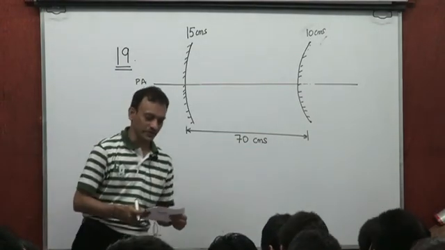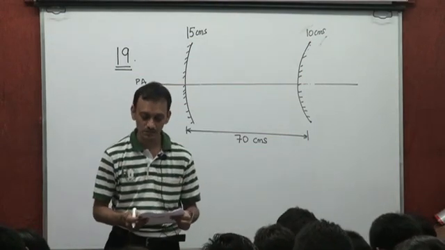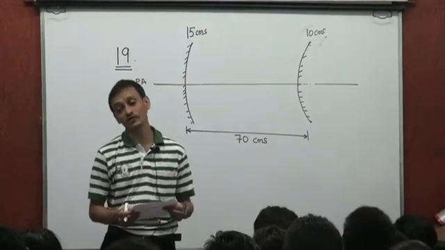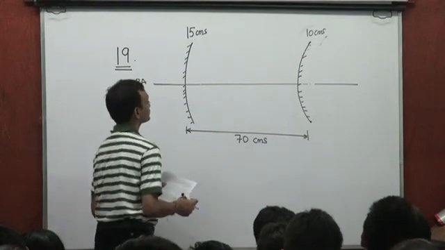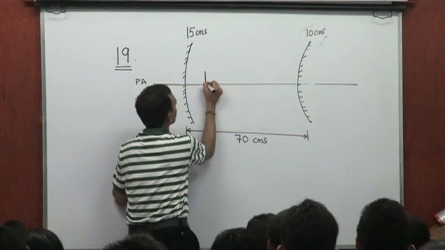A 2 centimeter tall object is placed perpendicular to the common axis, 20 centimeters from the concave mirror.